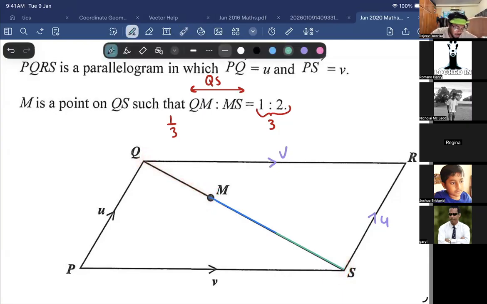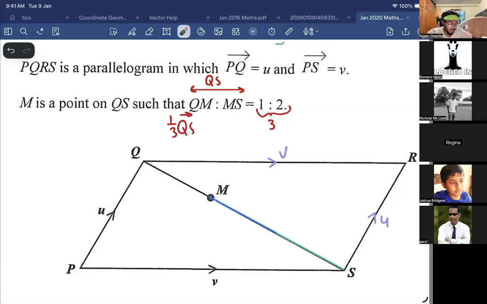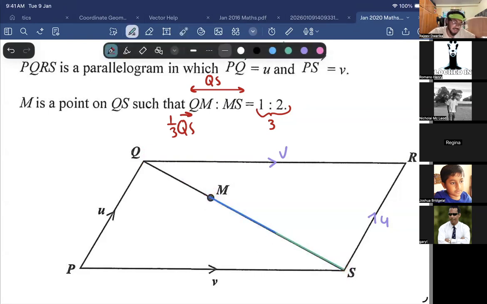So QM is a third of QS. Brilliant. And so if QM is a third of QS, what do you think MS is? 2/3. Correct, because it has 2 out of the 3 parts.